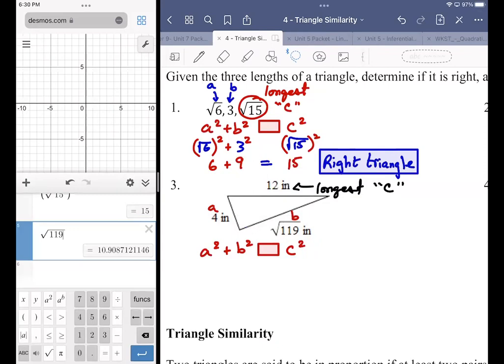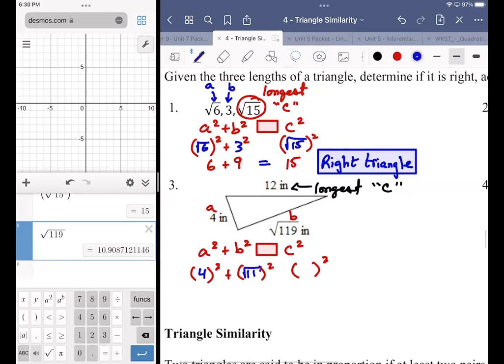Save that for later. So we're looking at 4 squared, radical 119 squared, and 12 squared. And we want the relationship between those three things.